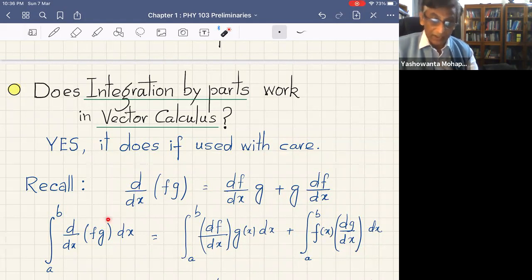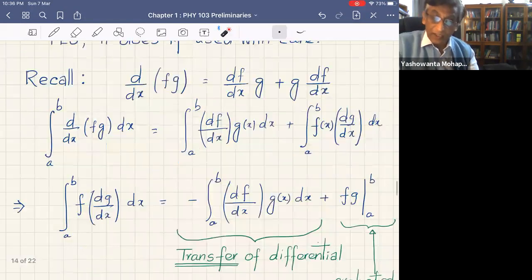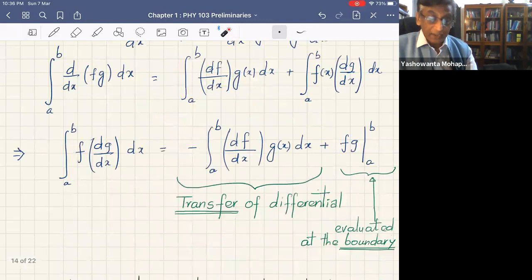And this integral is fg, calculated from a to b. Hence I can write the integral of f dg by dx dx, then I pick up a minus sign and transfer the differential to f: df by dx times g dx, plus the two functions fg evaluated at the boundary.